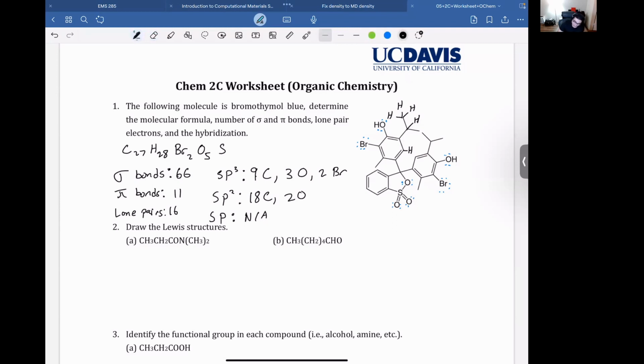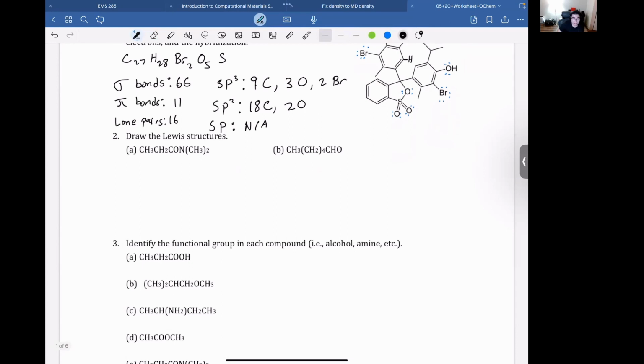A lot of counting. Number 2, it says draw the Lewis structure. So I'm going to draw this with the line and angle drawing instead of Lewis structure as it's shown in the key. So it says CH3, CH2, CON. So I like to read it from left to right. CH3 means that we have a methyl group at the end. This carbon right here, right?